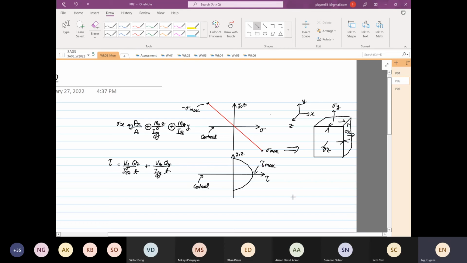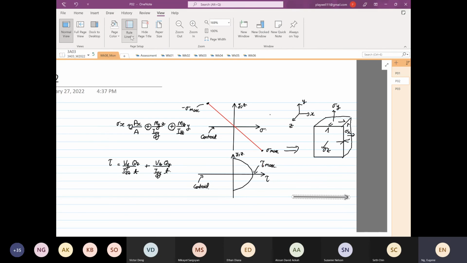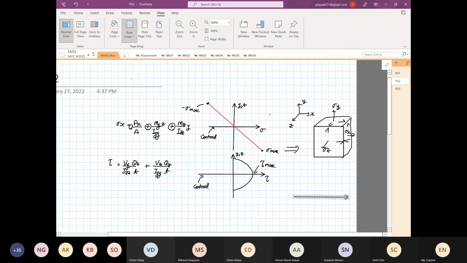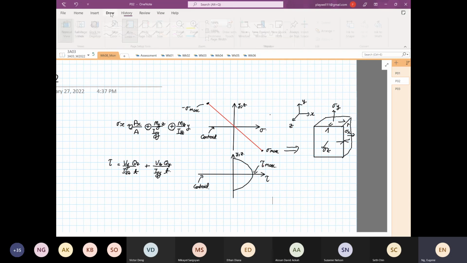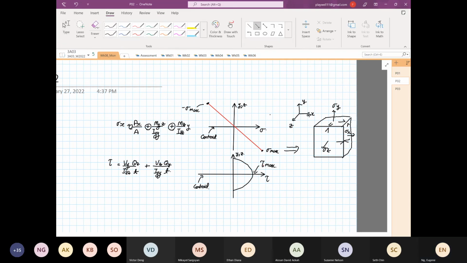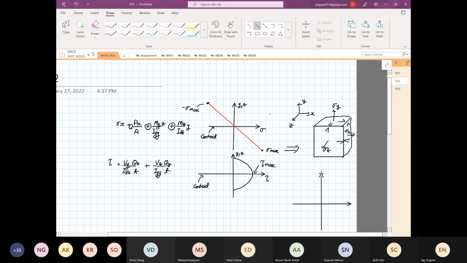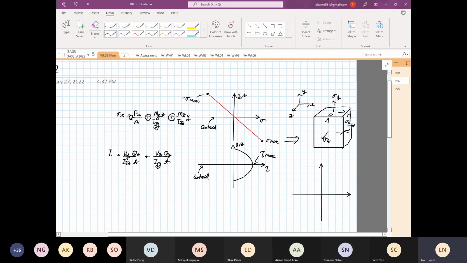Then from here, we are going to learn how to plot what we call a 3D Mohr's circle. So this is normal stress, and this is our shearing stress.